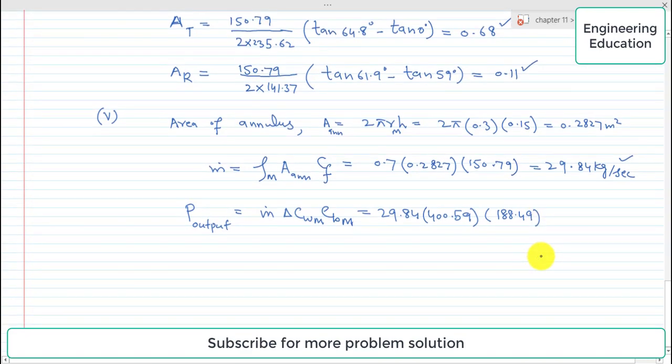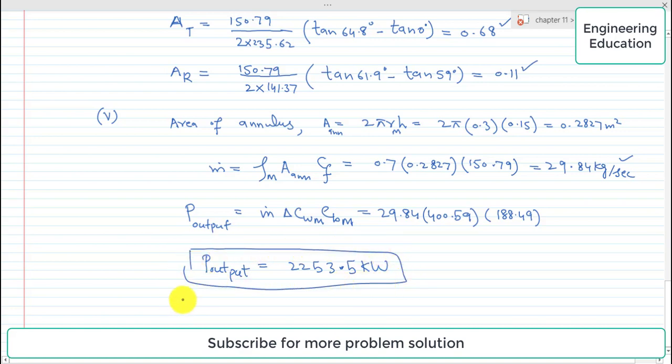So simplifying this, we get the value of power output, and its value comes out 2253.5 kilowatt. So this is the required solution of problem 11.12.